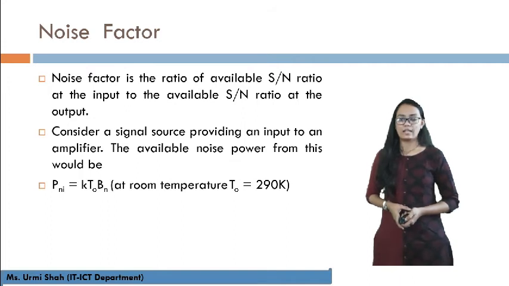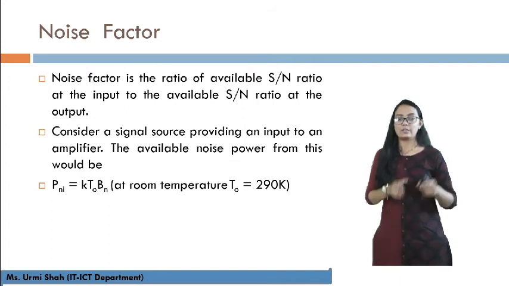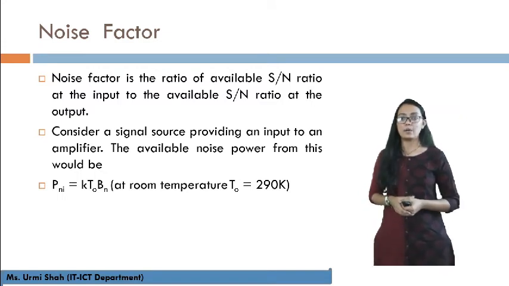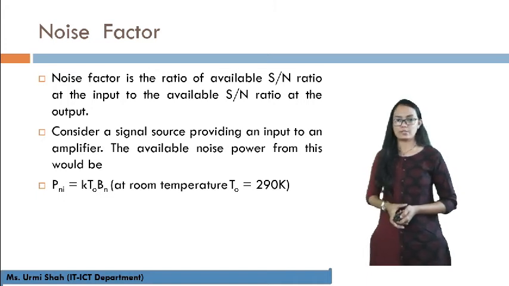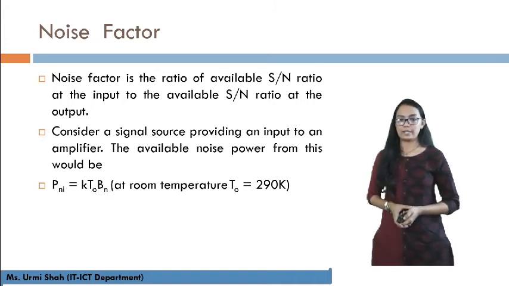Now let's take an example that if you are transmitting any signal, then that signal will be having some input power, that is your input power PSI, and the noise input power, that is formulated as PNI = kT0Bn. K is your Boltzmann constant, T is your temperature. At room temperature, whenever we are transmitting any signal, T0 is your room temperature, that is 220 Kelvin.